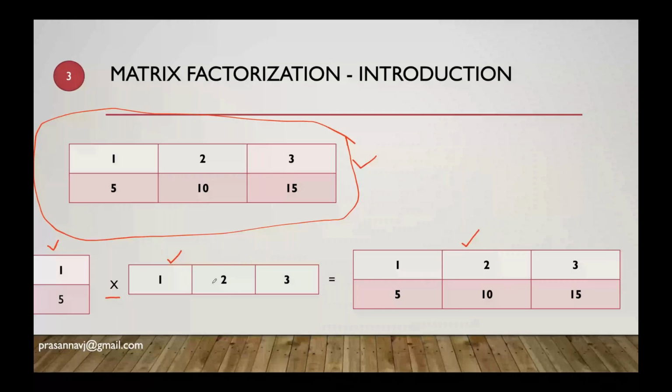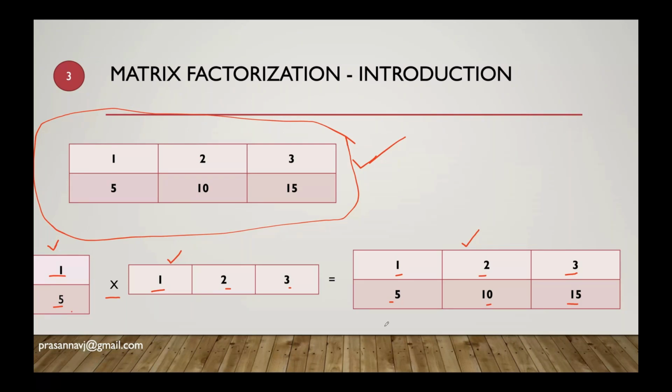How does this work? You basically multiply the items. For example, 1 into 1 is 1, 1 into 2 is 2, 1 into 3 is 3. Now 5 into 1 is 5, 5 into 2 is 10, and 5 into 3 is 15. So this is how you bring it back.